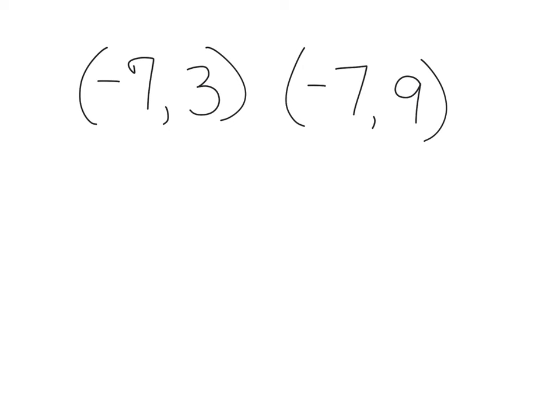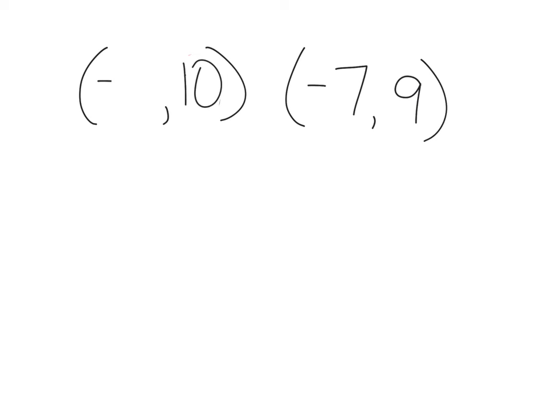And this is really the same thing. I'm going to change this. Let's make this -7, 10. And I'm going to change this number right here so that we can work with something different.